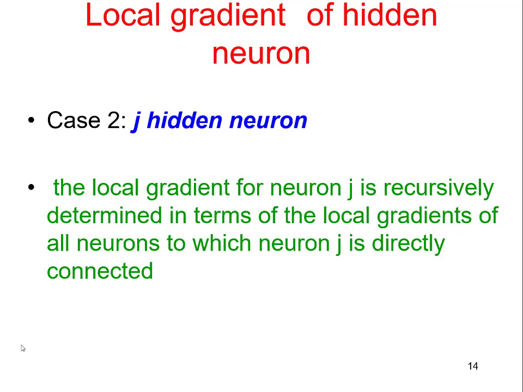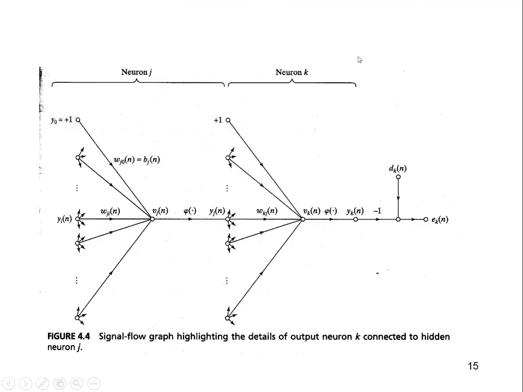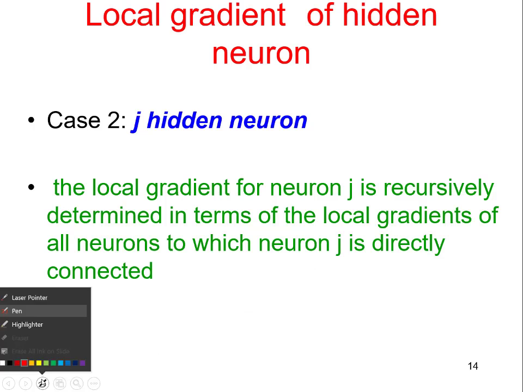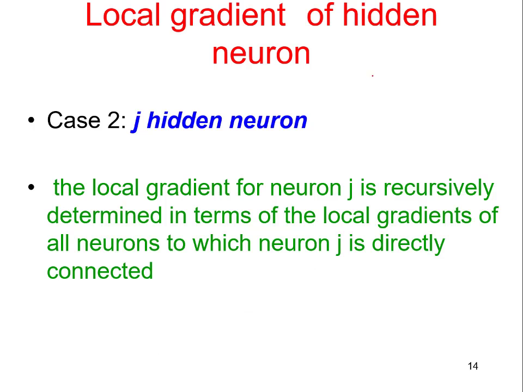The equation of the local induced error delta j becomes a form of the overall error in the network and the incoming inputs of that neuron j.